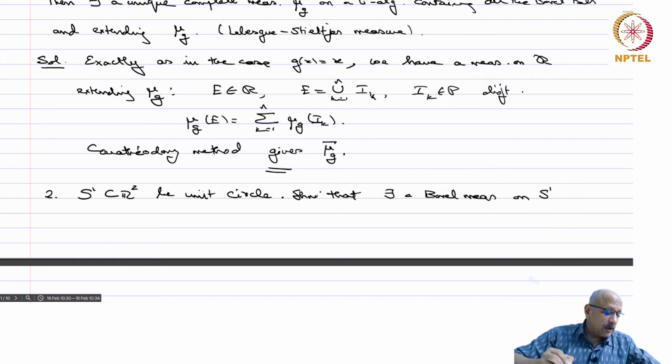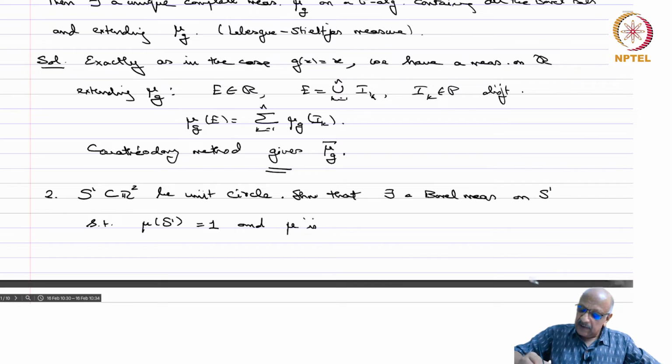So there is a Borel measure on S1 such that mu of S1 is equal to 1 and mu is invariant under rotations.